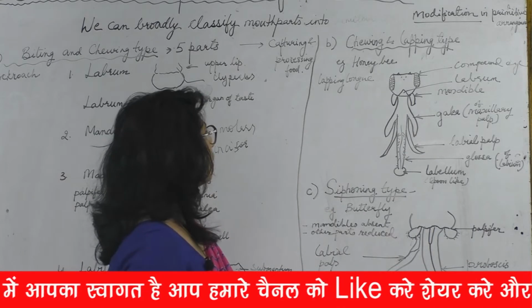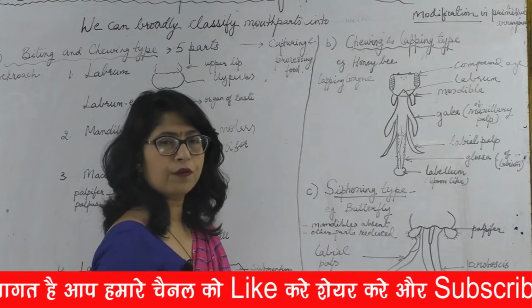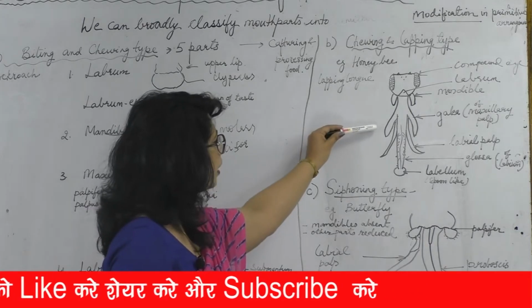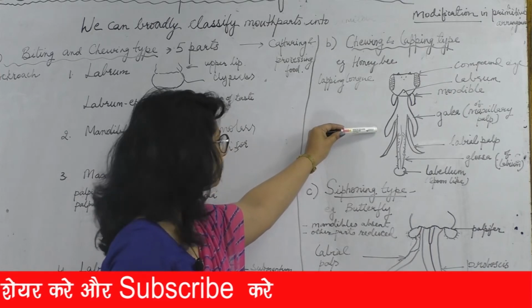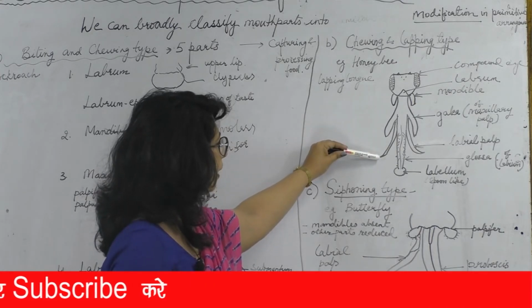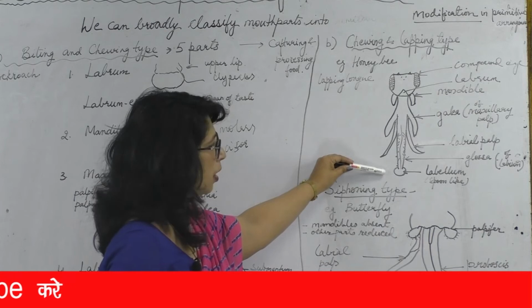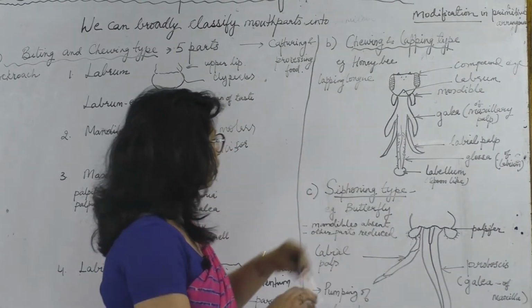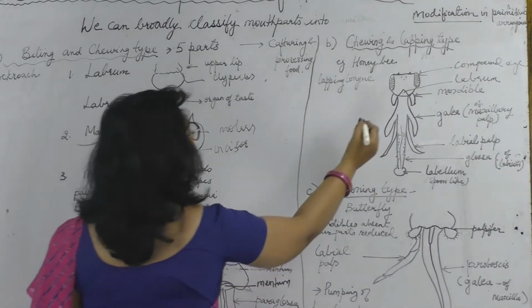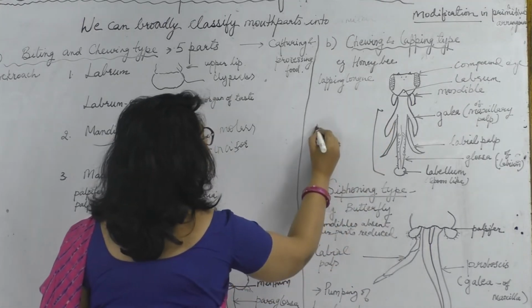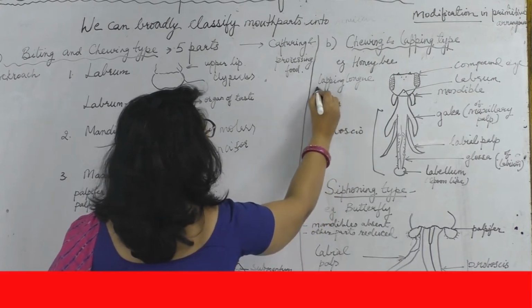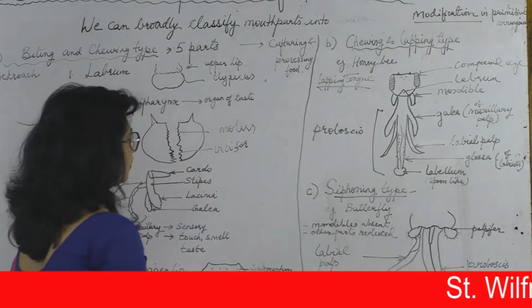So, the lapping type of tongue is formed by galea of maxilla, labial palp, glossa of labium. The whole structure is known as proboscis or lapping tongue.